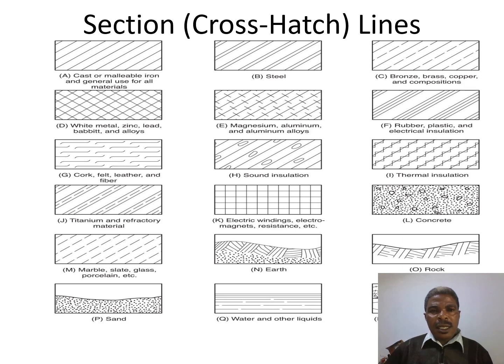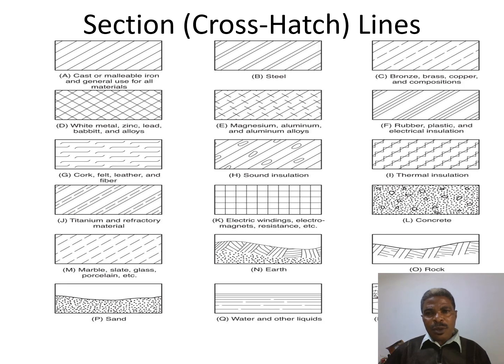Here is an example of several materials that we normally use in our daily life for construction. This is for cast iron or marble. You can see how the hatching lines look. When it comes to sectioning steel, this is how they are laid, so you can have a comparison.